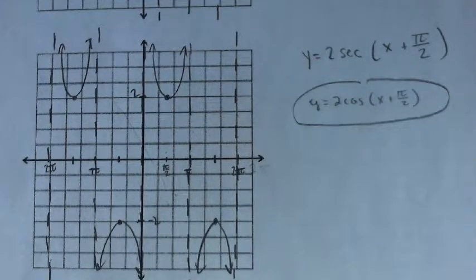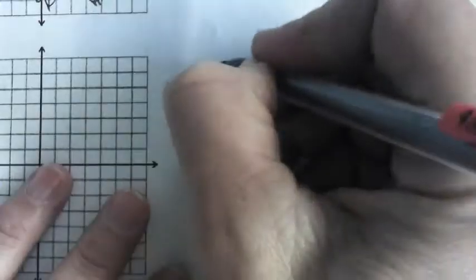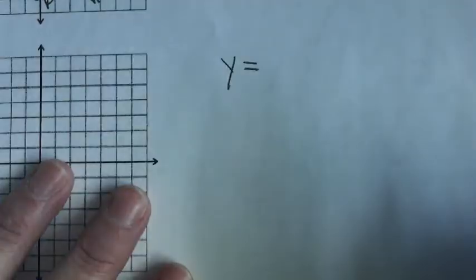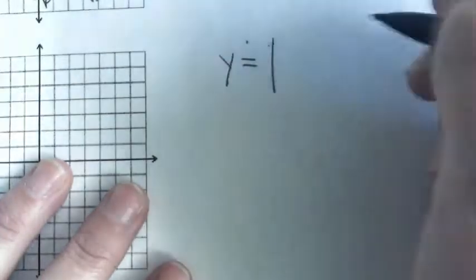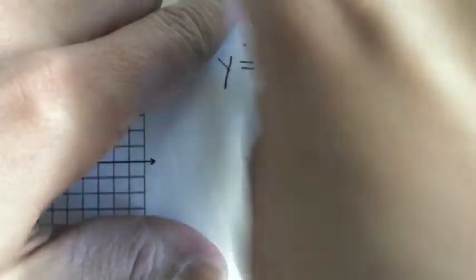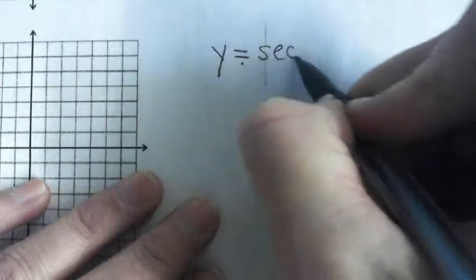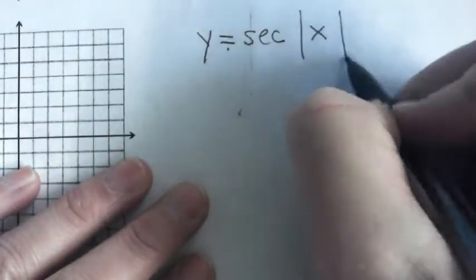Let me give you a little try. Go to your next blank graph. And there's going to be some brainstorming. Can you pass this back to Taylor, please? I want you to try y equals the absolute secant of the absolute value of x.